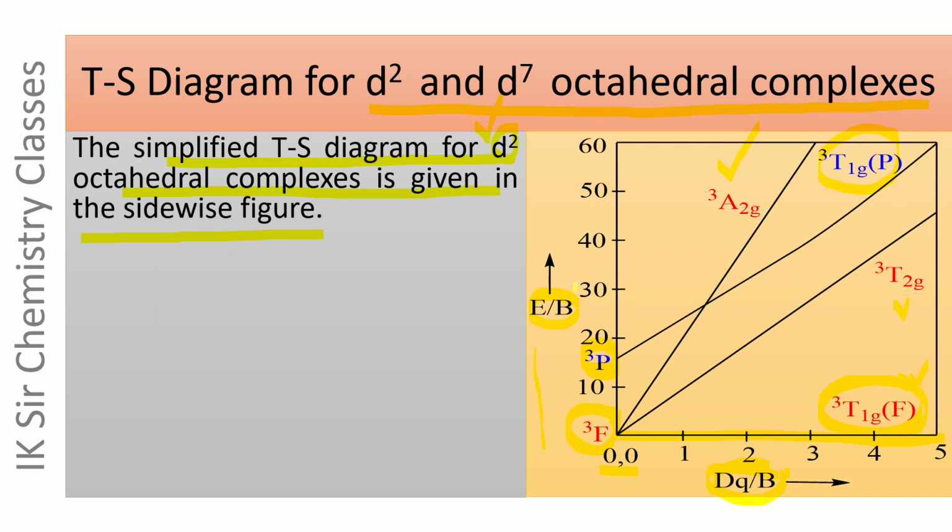Here, these two terms, triplet A2G and triplet T1G, have different symmetries and hence they can cross each other. There is no violation of non-crossing rule.